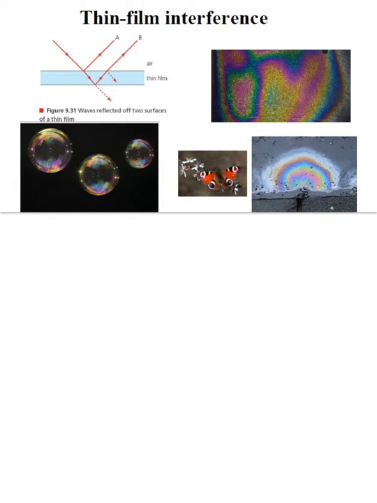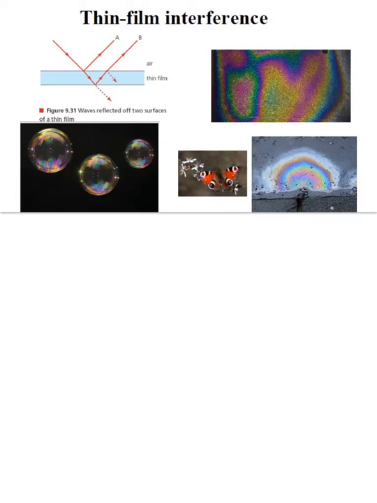So this is the last section, thin film interference, and it's a different kind of interference, a different phenomenon, but it's the same principle of looking at path difference. Now, thin film interference happens when light reaches a coating of thin transparent material where there are reflection and refraction effects taking place.